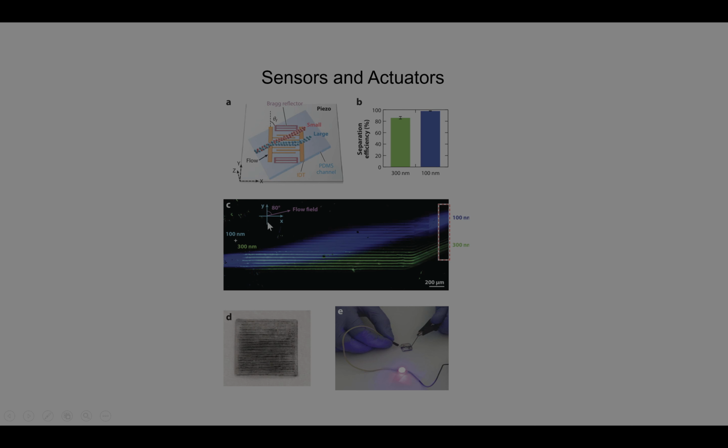Because of the flow, the small particles will propagate in one direction, and the 300 nanometer particles will fluctuate using the piezo stage, bend at some angle, and separate from the small particles.